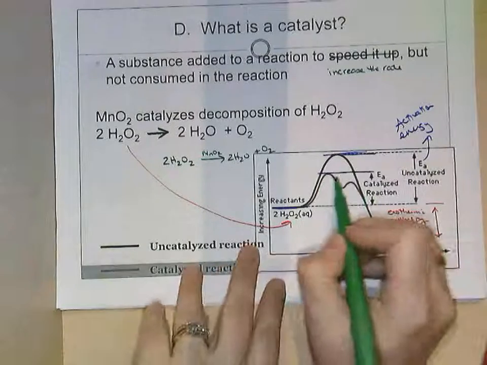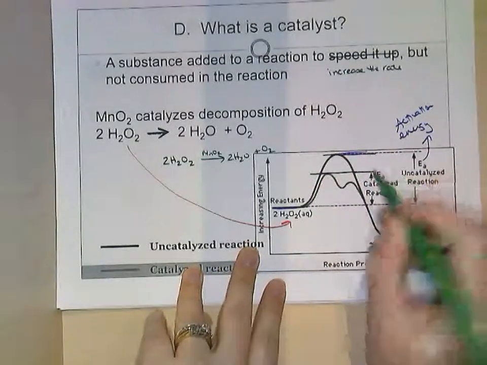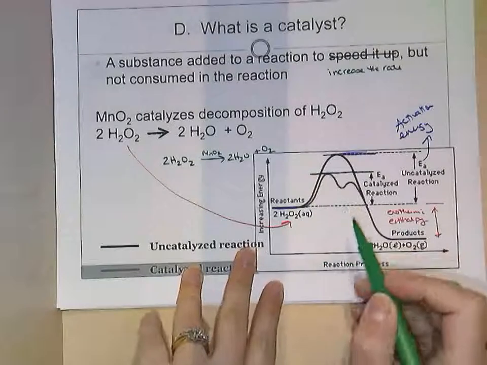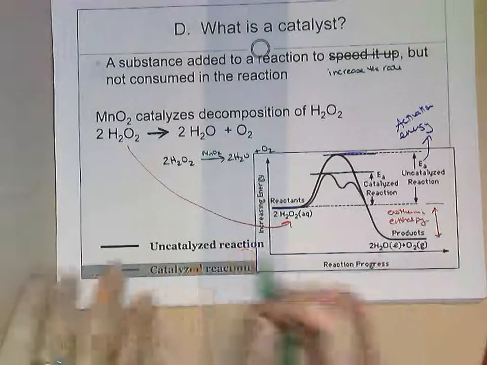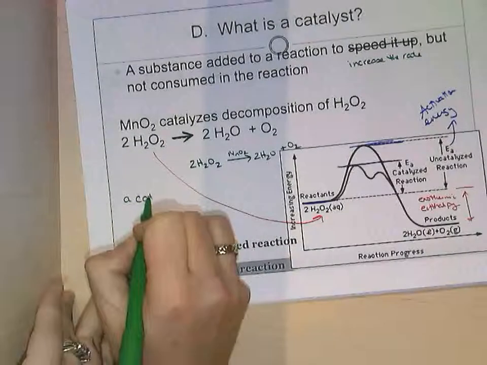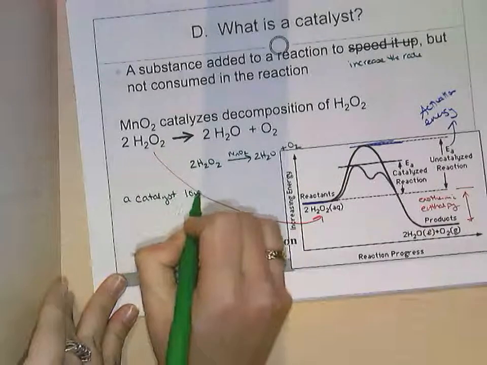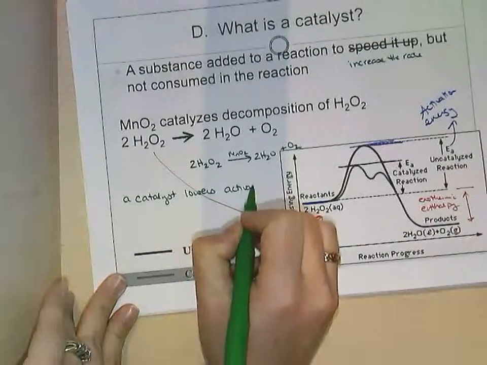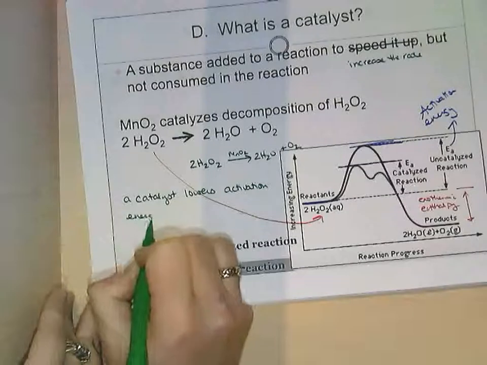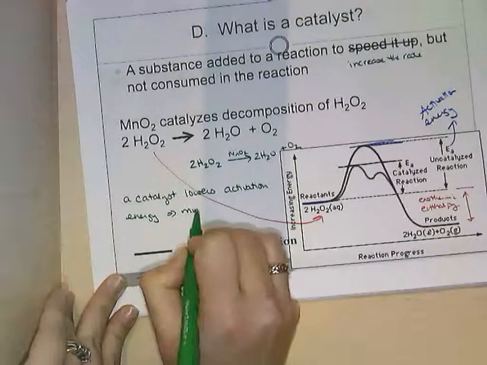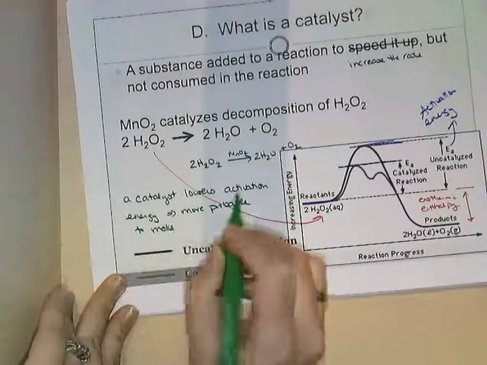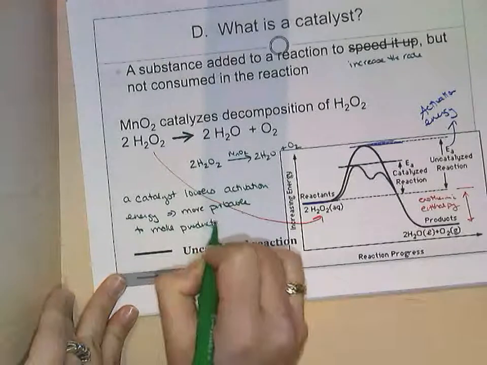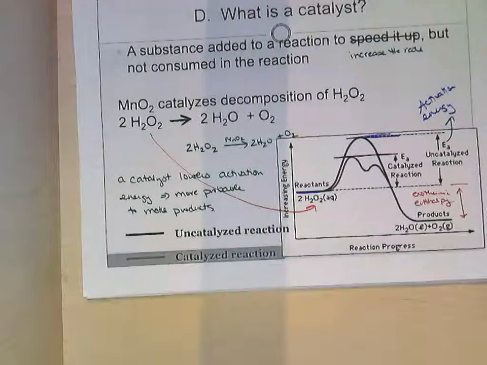But now the energy required to get to the intermediate is lowered, which means it's more probable that I can go from reactants to products. So a catalyst lowers the activation energy, which means it's just more probable to make products.